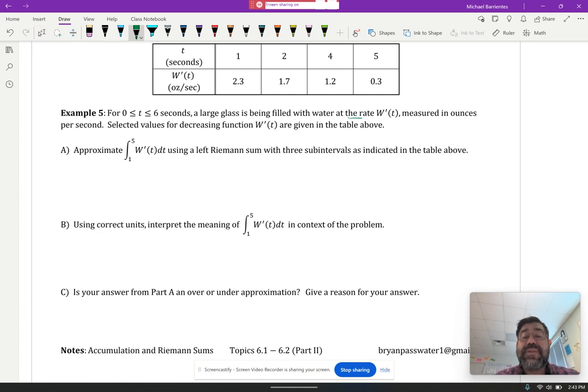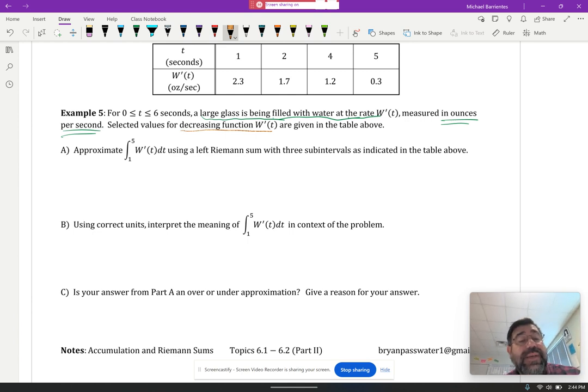It measures the rate at which the large glass is being filled with water. It tells me the units of W prime, which is in ounces per second. And it also tells me that W prime is decreasing. I can definitely see that from the values, but they're making it explicit that W prime is decreasing, at least in the first 6 seconds, from time 0 to time 6.